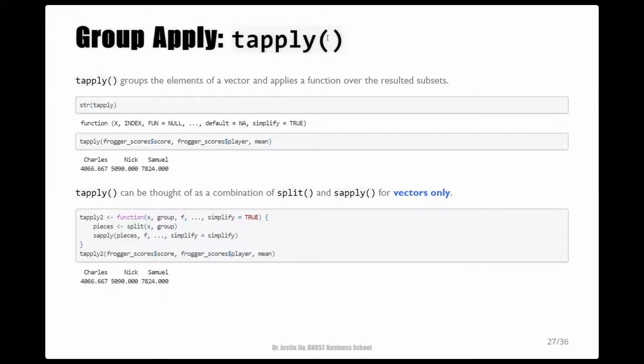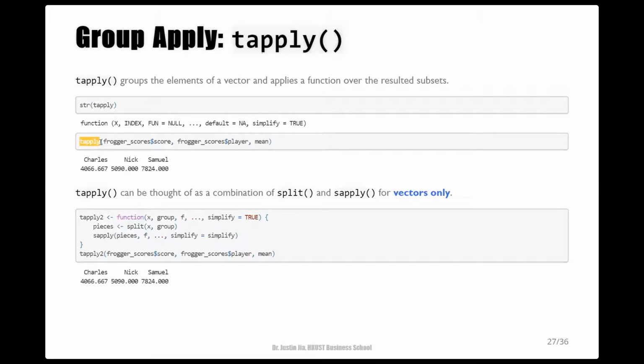Tapply allows us to group the elements of a vector and apply a function over the resulting subsets. Here I show how the 3 steps in the previous example can be condensed into a single call to the tapply function.